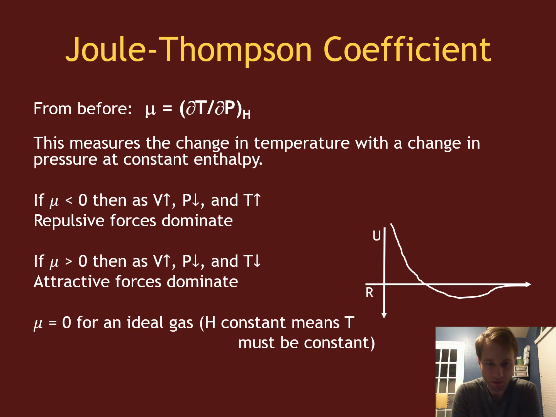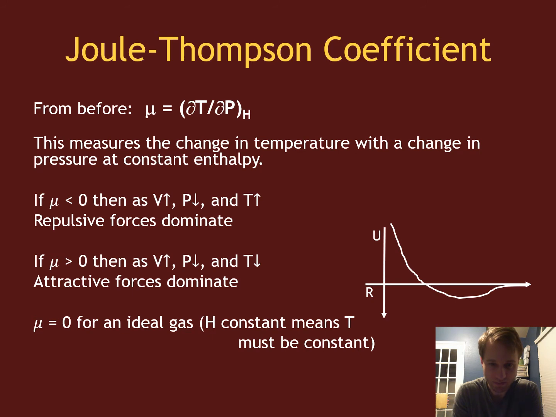But we'll note that just looking at the sign of this, the Joule-Thomson coefficient is del T del P at constant enthalpy. If that's less than 0, then as I increase the volume of my gas, the pressure is going to decrease, because of this inverse relationship, and the temperature will increase.